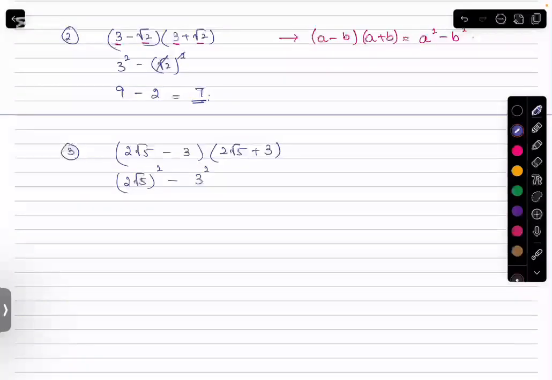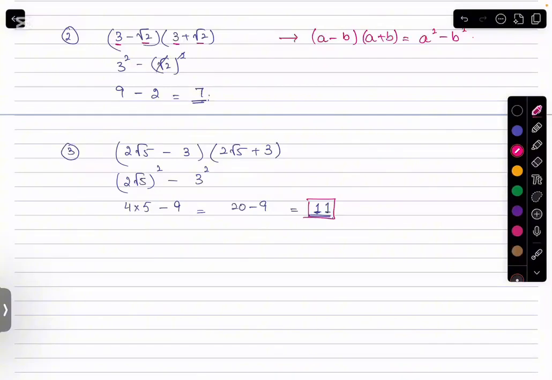What is 2 square? 4. And then √5 the square? 5. And then what about 3 square? That's 9. So basically you are left with 20 minus 9 and your answer is just going to be 11. Correct? Yes.